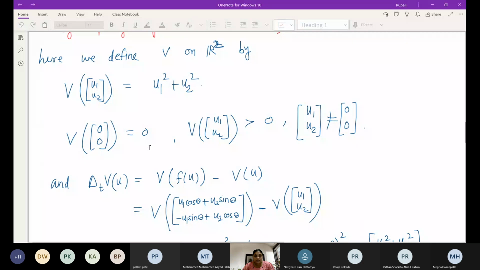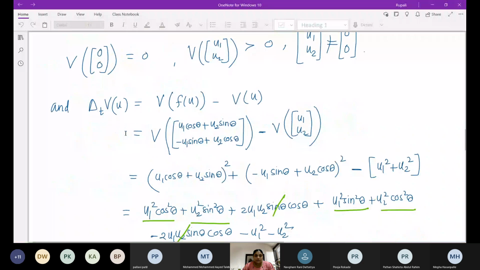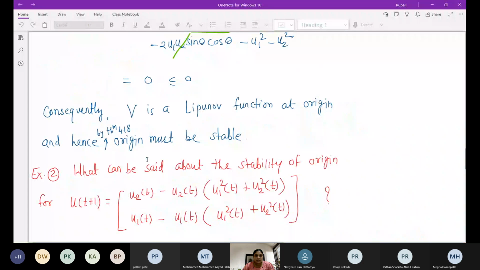We can easily check that V(u1, u2) is strictly greater than 0 whenever u1, u2 are non-zero. And then we found that delta t V(u) is equal to 0, which means it is less than or equal to 0. So we can say that V is a Lyapunov function at the origin, and then by theorem 4.18 we can say that the origin is stable.